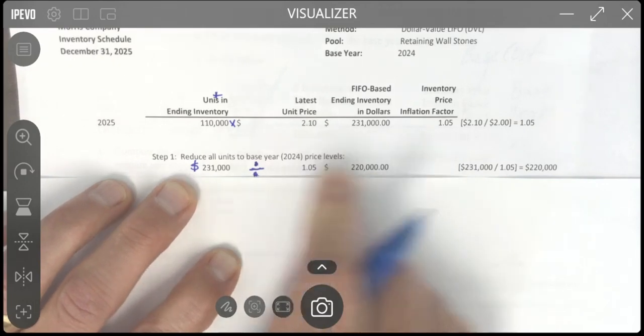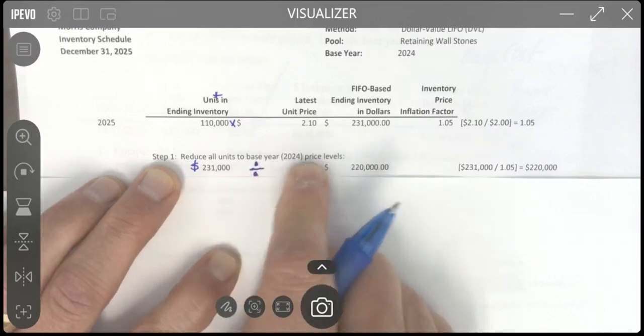All right, that reduces all units to base year price level.